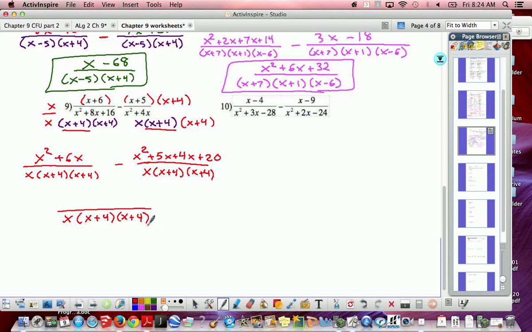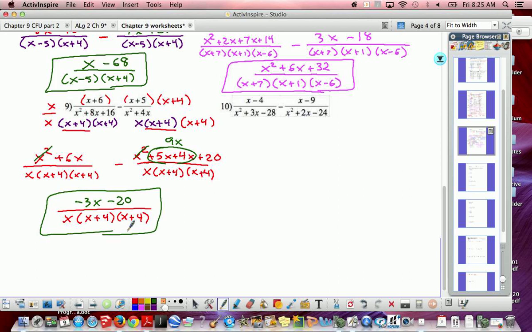So x squared minus x squared, how about that? Those cancel. 6x minus, now this is the tricky part, you have to combine these two together first. So I get 9x because it's really minus this quantity. So 6x minus 9x, negative 3x. And then I have just a minus 20 at the end.